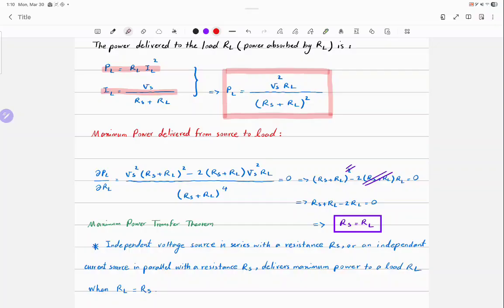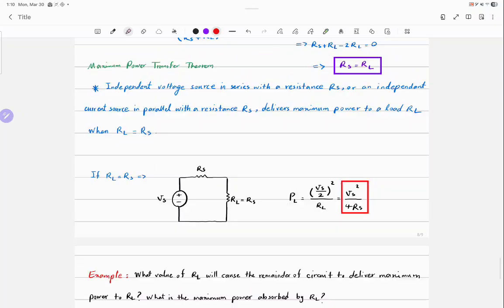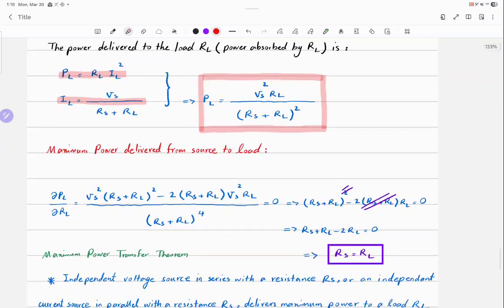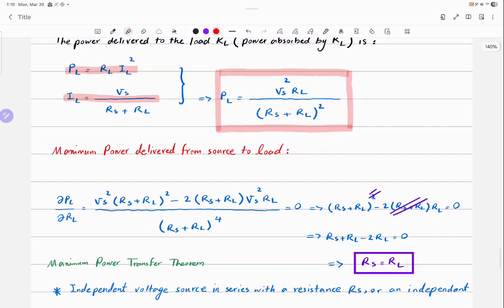The second part of the question, usually they ask you to calculate the maximum power. How much is the maximum power? And in order to calculate it, what should I do? Do you agree that I can just plug RL equal to RS in that equation?